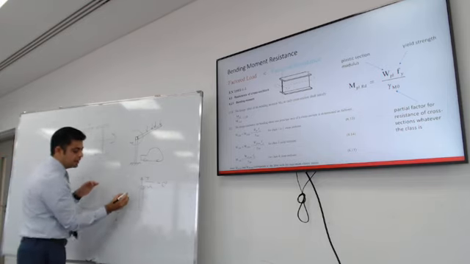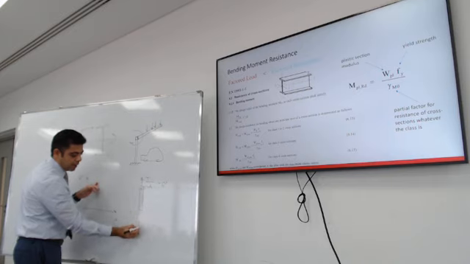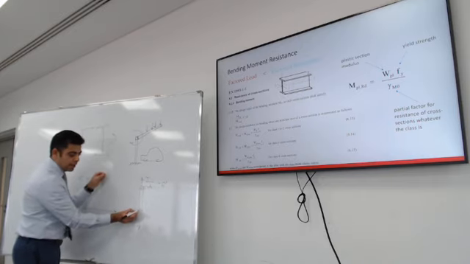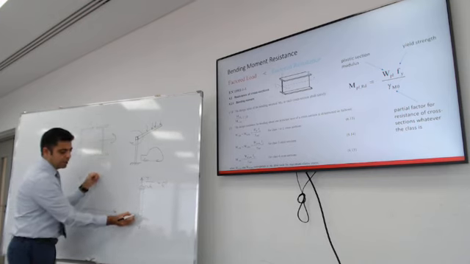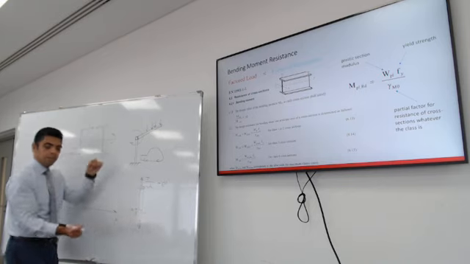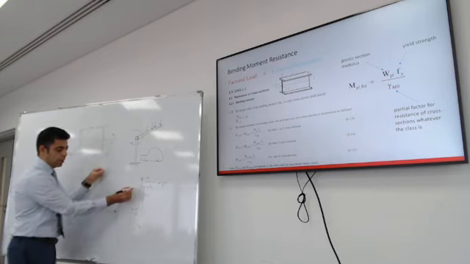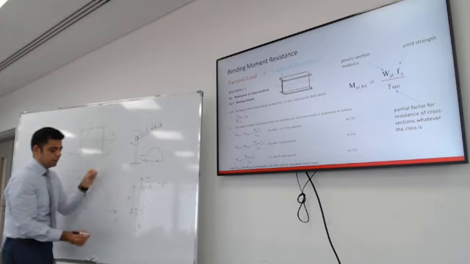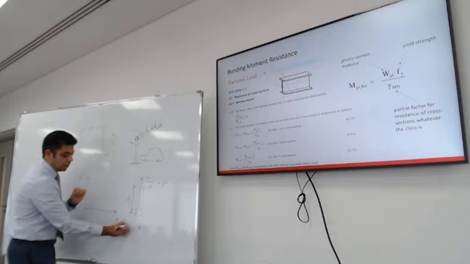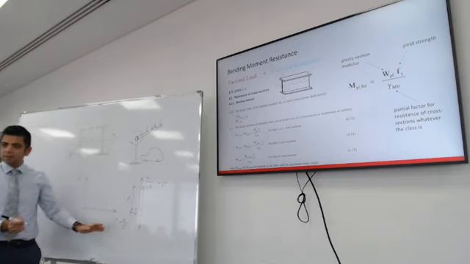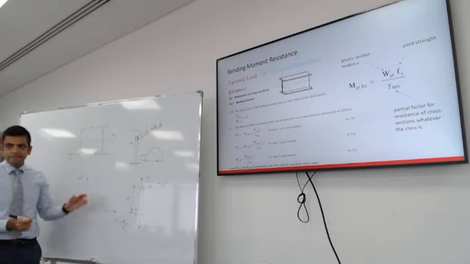The strain is when you apply tension, the length of this bar will get a little bit longer. So the strain is the increase in length divided by the overall length. Does that make sense?